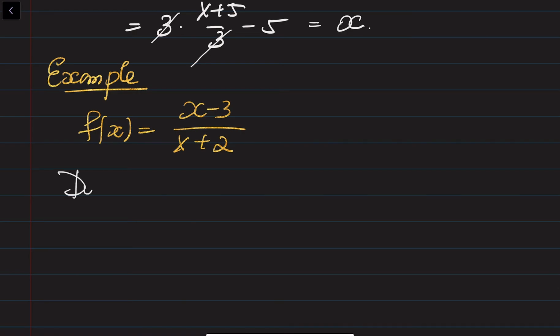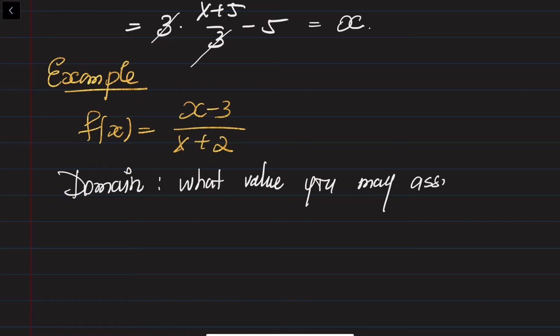The domain is what kind of values you can take for x. What values you may assign for x. For example, you may assign x to be equal to 0, then in this case, f of x is equal to minus 3 over 2.